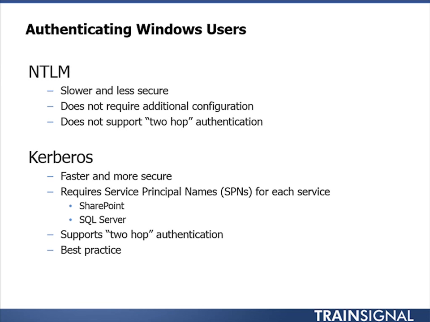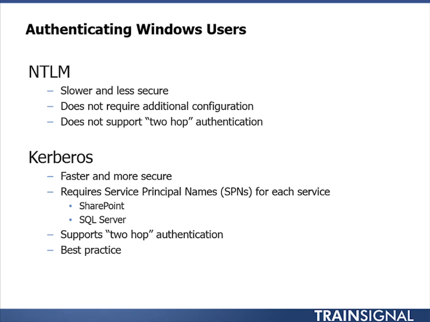Now, Kerberos, in case you're curious, is the name of the three-headed dog that guards the gates of Hades. True story. It's also an open standard form of authentication, and it's what Active Directory uses. Now, there's a lot of great advantages to Kerberos. That it is going to be faster, it is more secure, and it does support two-hop authentication.